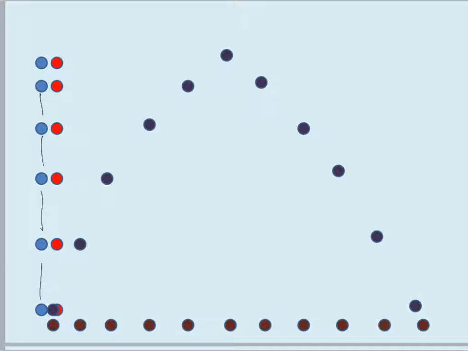It reaches max height, and the red represents the object heading back down, and we see it's getting more distance covered because it's speeding up. And we also notice that the height values are the same going up as they are going down. The brown down here represents the forward velocity of the projectile, Vx, and we see that they all have the same distance in between each one, so we know that Vx is constant.